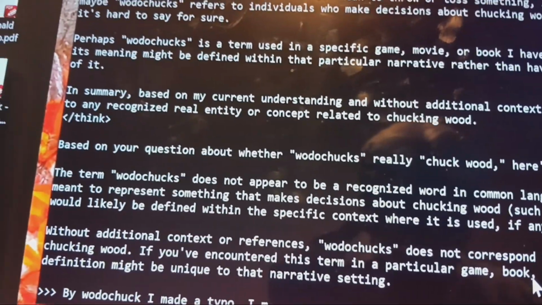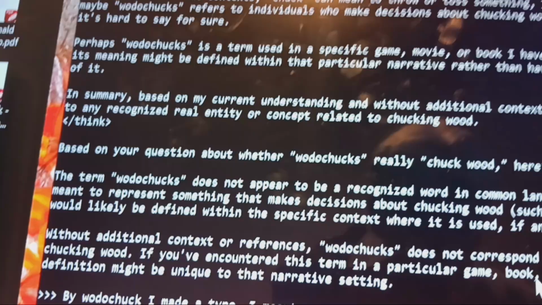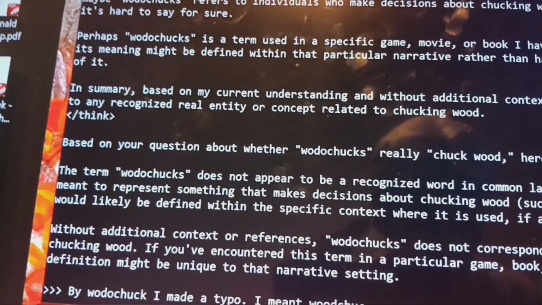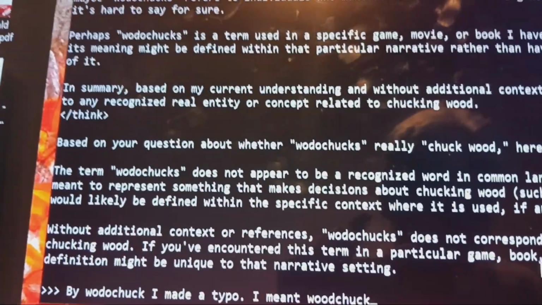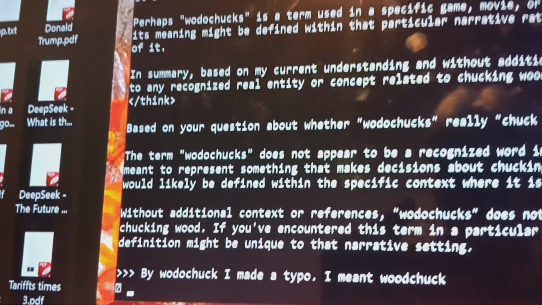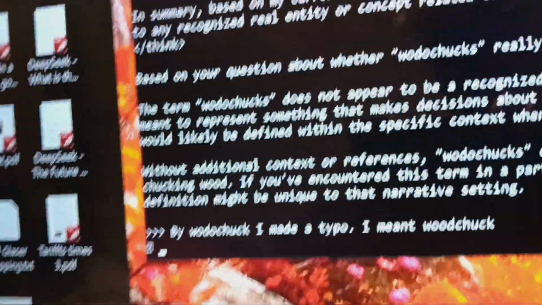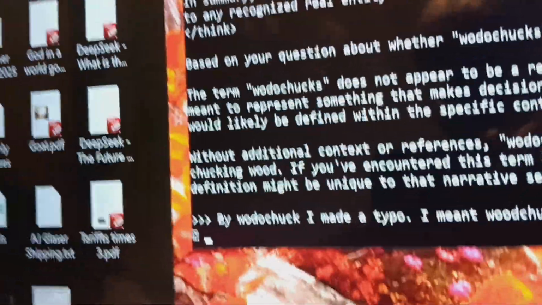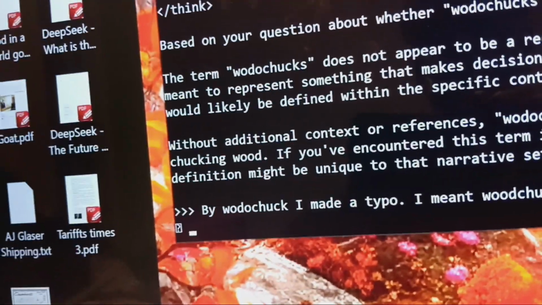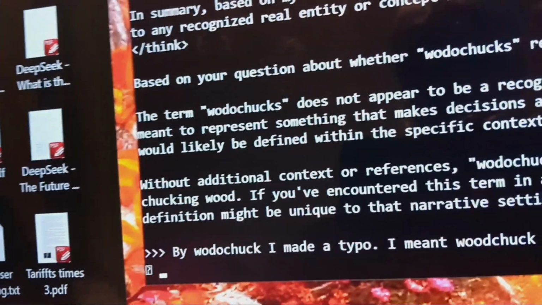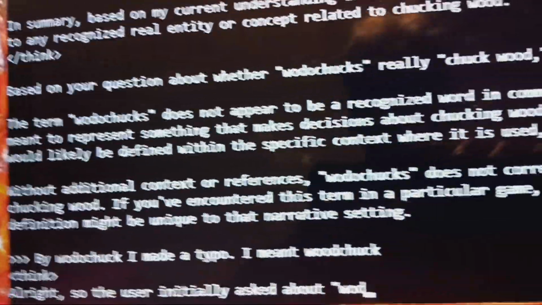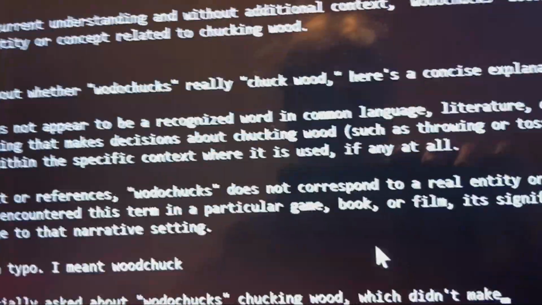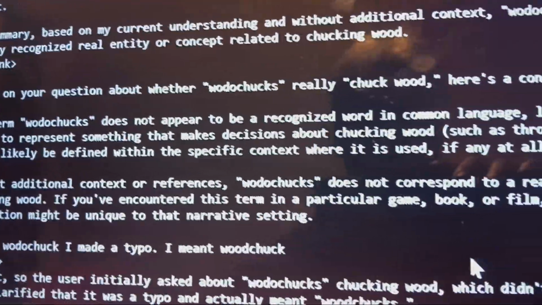I meant woodchuck. Let's see if it figures out what a woodchuck is, if it even knows what a woodchuck is. It's really thinking. Now, bear in mind, this is the smallest version of this language model.